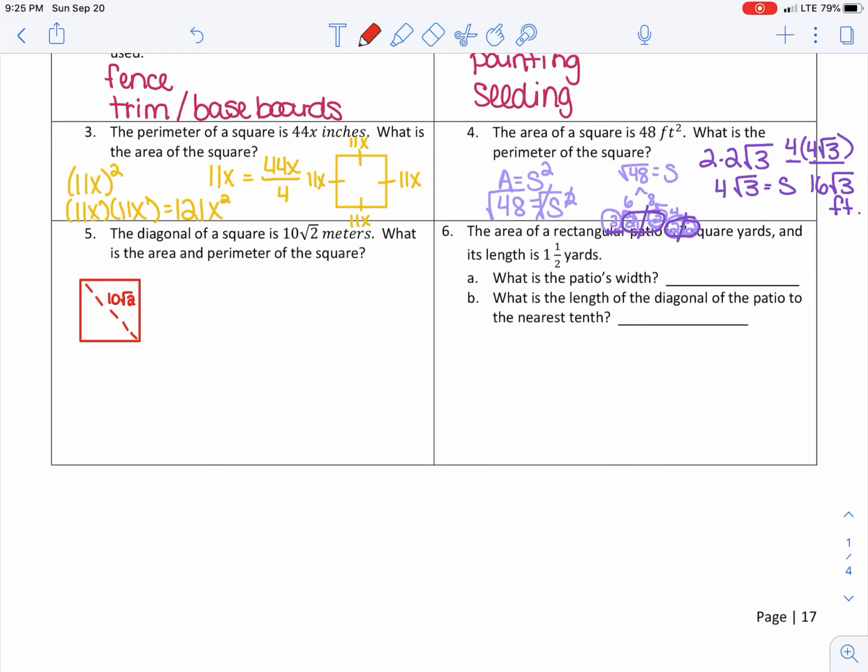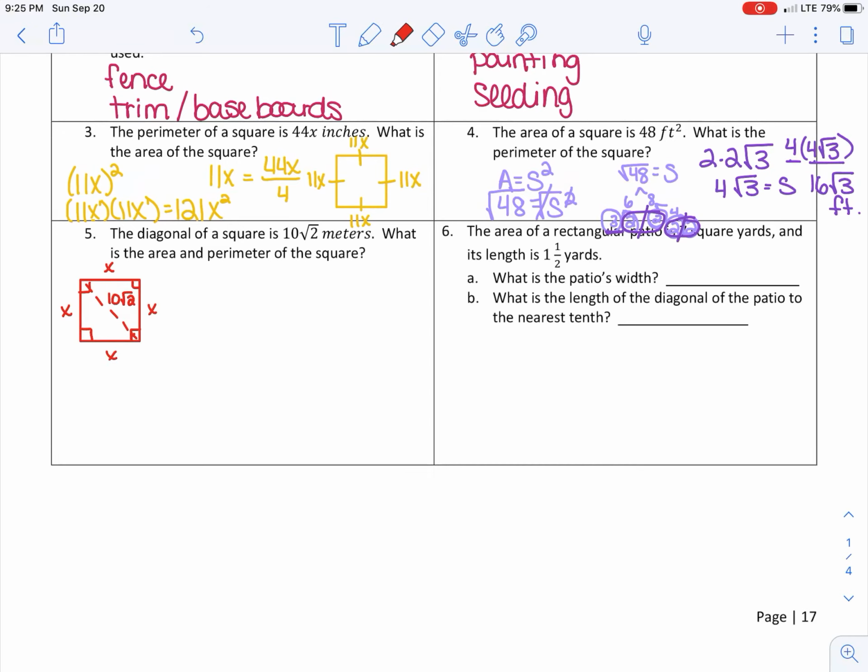So if that is 10 root 2, what we are going to do to find the area and perimeter, we need to know what the sides are. So this is kind of going back to the Pythagorean theorem. Because we know all of our angles in a square are 90-degree angles, and we know all our sides are congruent.